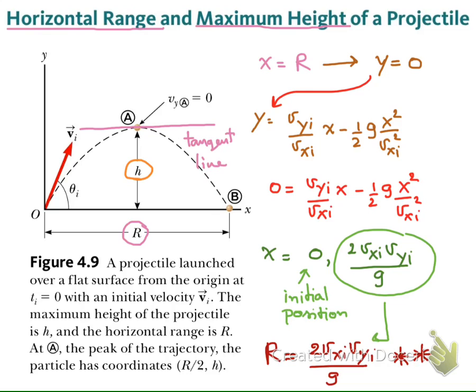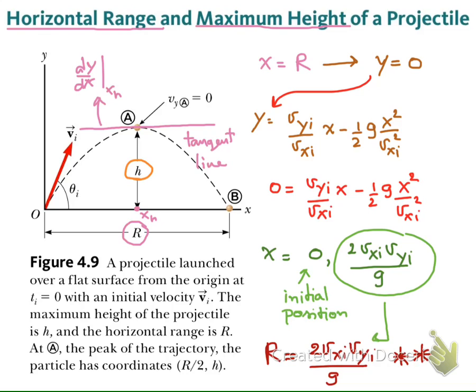Since this is the maximum point of the path of the object, we must have the slope of this line, which is dy by dx, at the position of the maximum height. We call this point on the x direction xh.